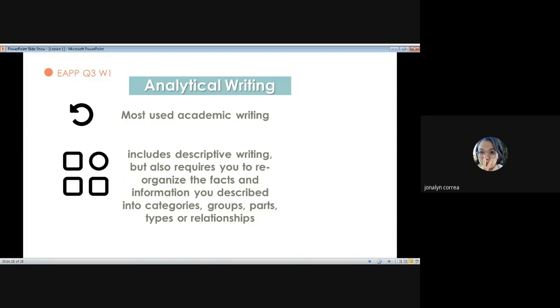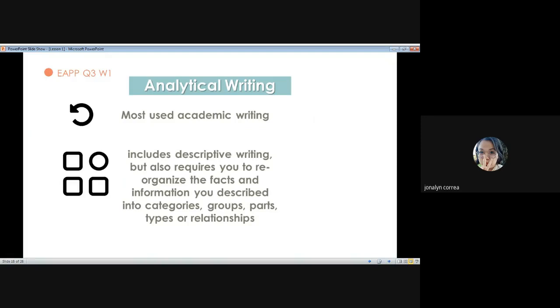So if you are comparing two theories, you might break the comparison into several parts. You do not just compare them. For example, when we differentiate academic text from non-academic text, I did not just define them. I gave some examples, the differences between the two, and then the purpose why we write academic and why we write non-academic.